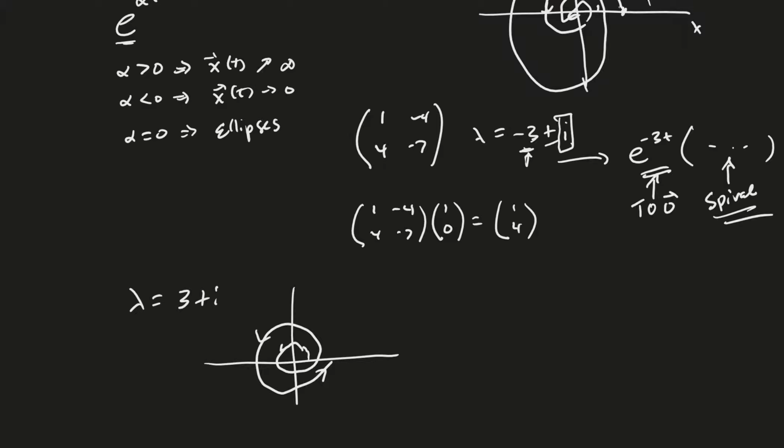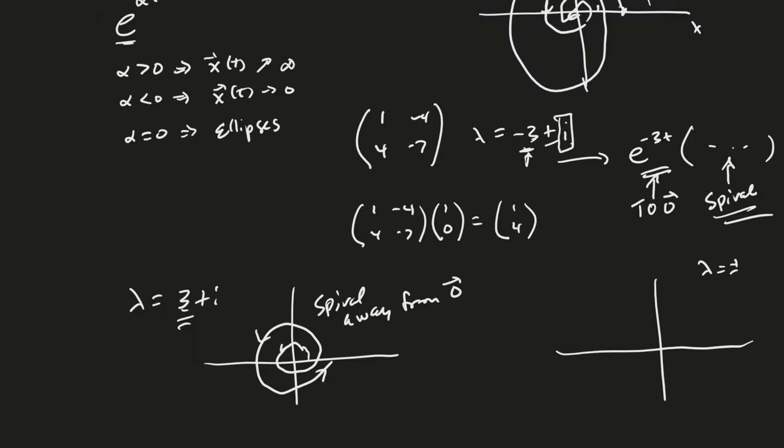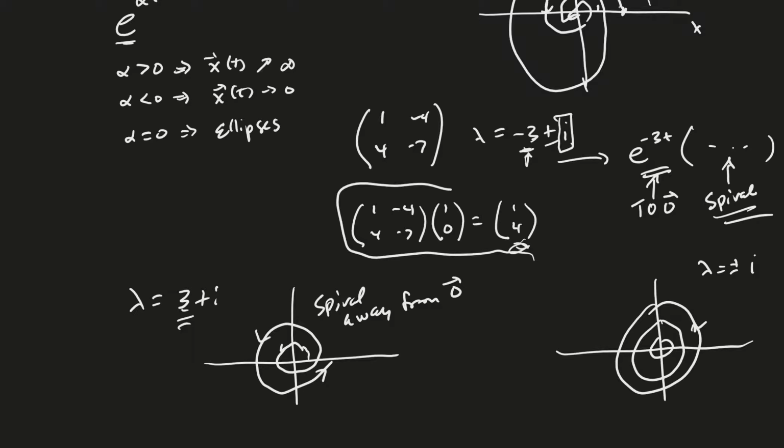But in this case, this is a spiral away from the origin because of the positive 3 there. Okay, and then if lambda was just equal to plus or minus i, you would just have a center. And then to determine the spin, we would do the same thing we did over here. You'd need to see the matrix in order to determine which direction the spin was going.